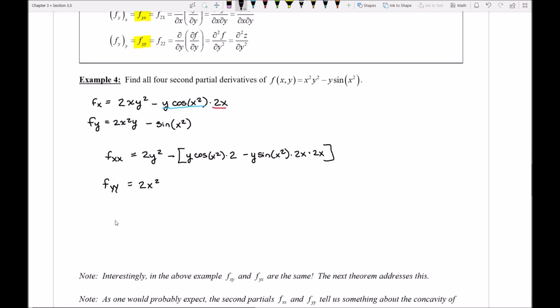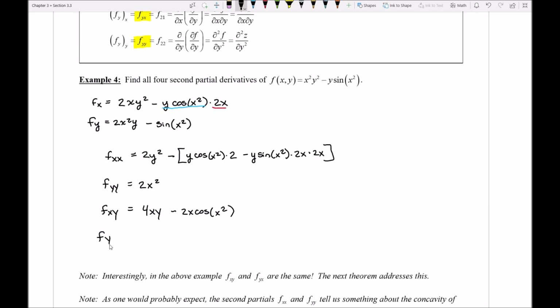Well, what's going to happen when I start doing the mixed partial derivatives, right? So if I went back to x, but I took its derivative with respect to y. Well, let's see. Here I'm going to end up taking the derivative with respect to y, so y is my variable. I'm going to get 4xy, and then minus, and it looks like I'll just have 2x times the cosine of x squared.